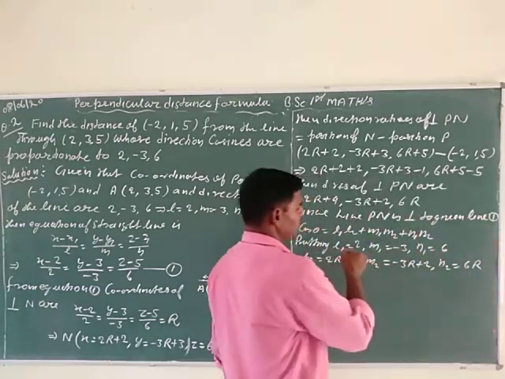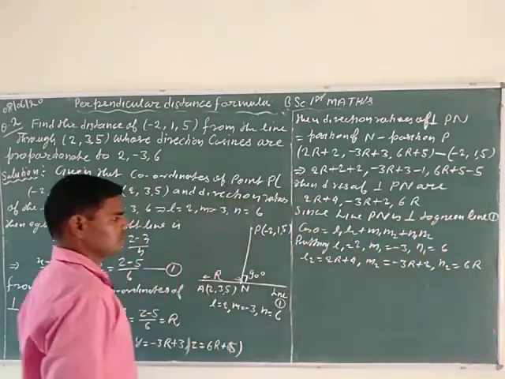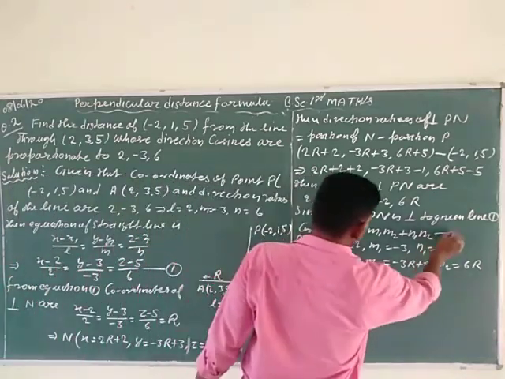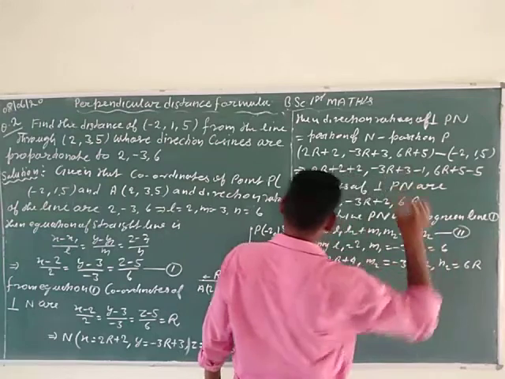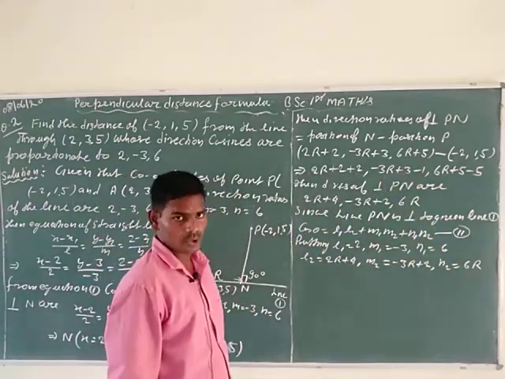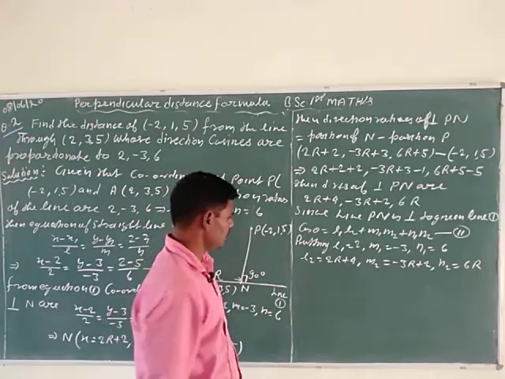Putting these values of the first and second subscripts of the direction ratios in the second formula, theta is equal to 90 degrees because these lines intersect each other at point N at 90 degrees.